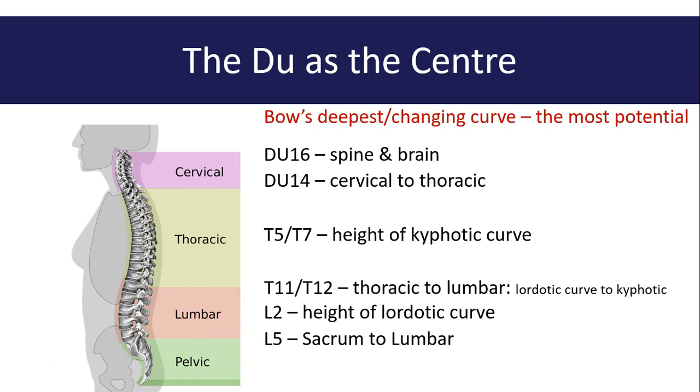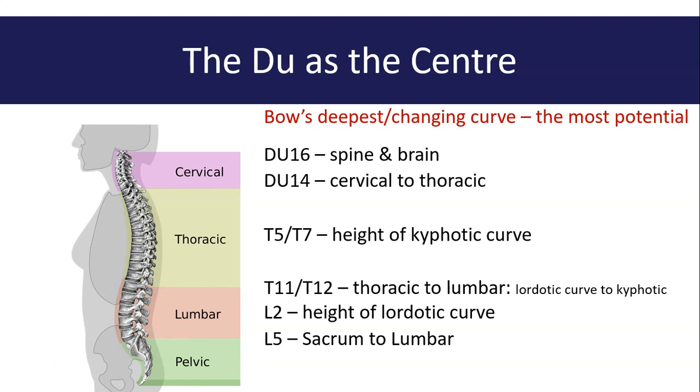So in a bow, where you have the biggest changes in curve, that's where there's going to be the most potential energy stored. That is why the points at T5, T7, T11, T12 are generally the most powerful points, because these are the height of the lordotic and the kyphotic curve. Okay, so actually T11, T12 is a change from kyphotic to lordotic, but these are the change points.